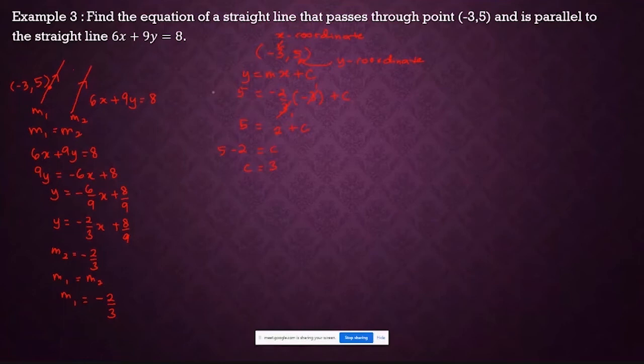What is the equation? We write y equal to the gradient times x plus c. What is c? 3. So this is our equation of the line that passes through the point negative 3, 5.